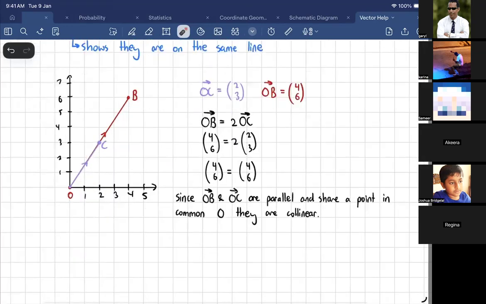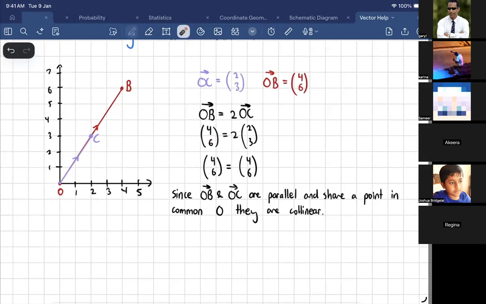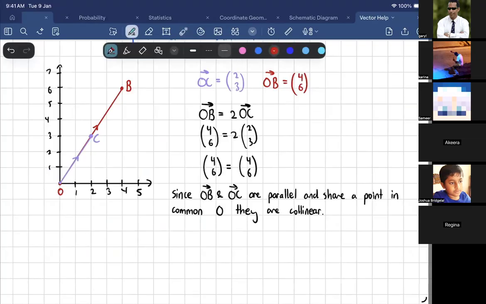I'm going to show you the other way to do the question. If this question does come in the exam, they might say, prove that points O, B, and C are collinear. So this is how the question would come in the exam.